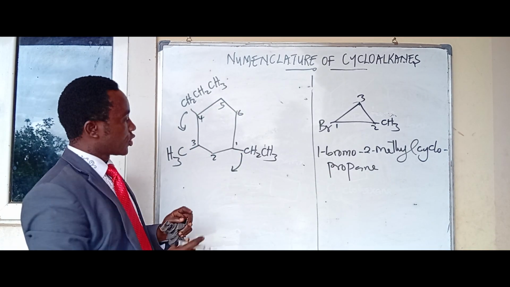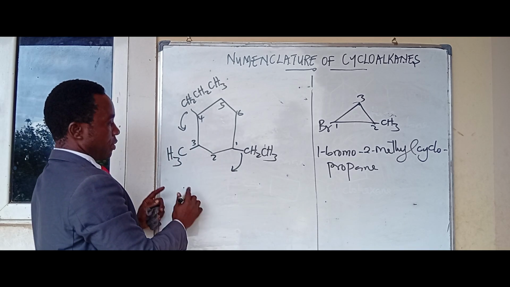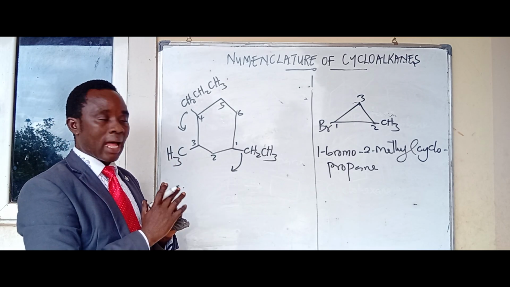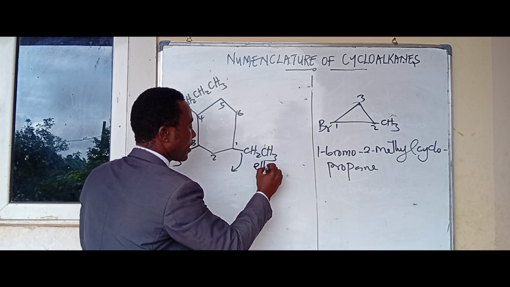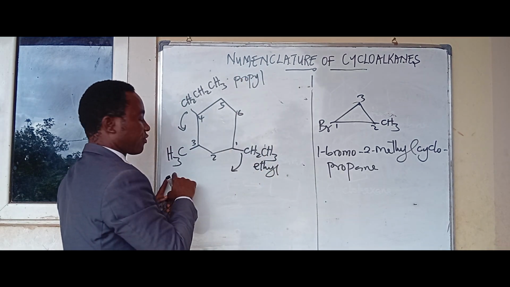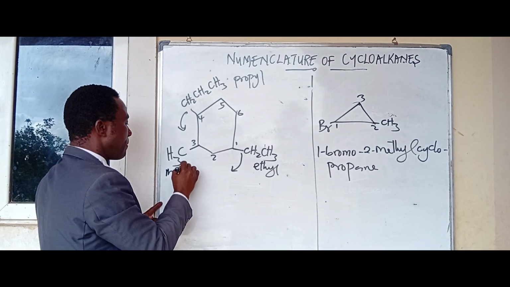If we are naming through this way, remember, we name alphabetically because the substituents are not the same. This is ethyl, this one is propyl, while the substituent here is methyl.